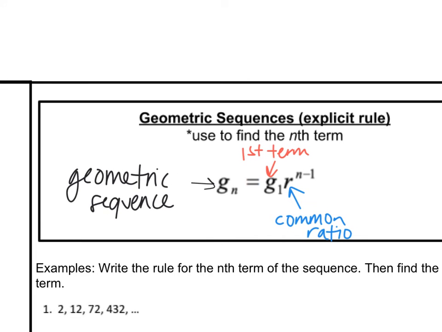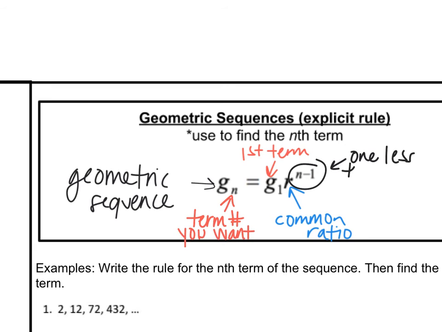And then just like before, this n minus 1, and n stands for whatever term number you want. N minus 1, one less than what you want.